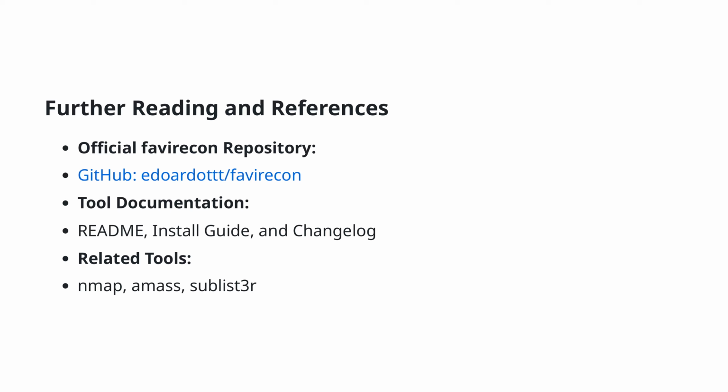Additionally, consider using related tools such as Nmap, Amass, and Sublist3r to complement your technology identification and reconnaissance efforts. These tools will help you achieve a more comprehensive understanding of your targets by expanding your toolbox beyond Favirecon. By combining these resources and tools, you can enhance your recon phase significantly, identifying not just favicons, but an array of technologies and services exposed across your targets.